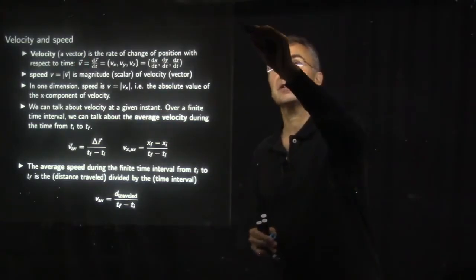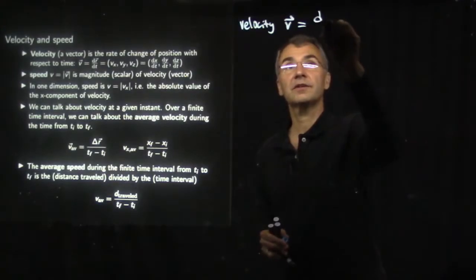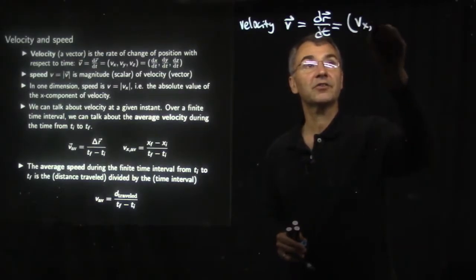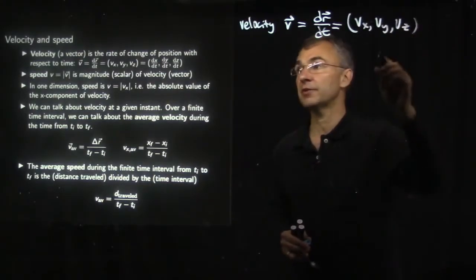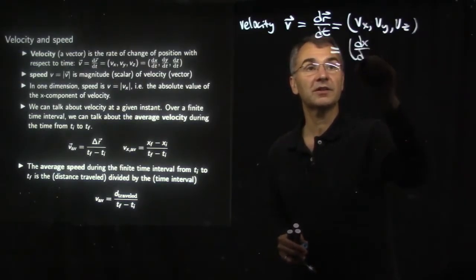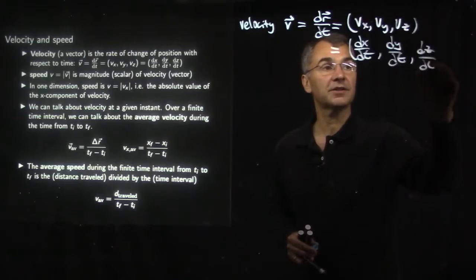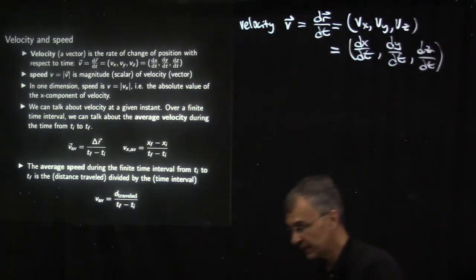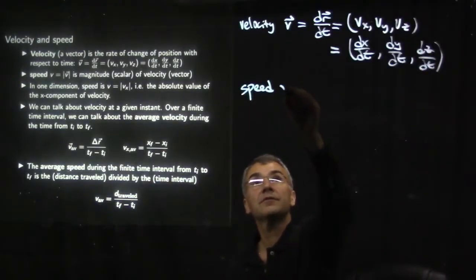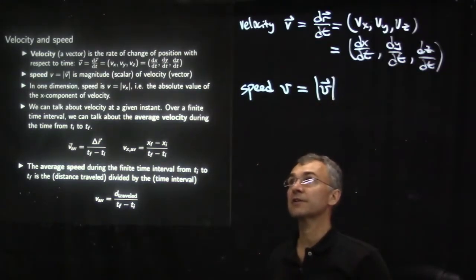So here, velocity, v is dr by dt, which has three components, vx, vy, vz in 3 dimensions. And so then component by component, they equal dx by dt, dy by dt, and dz by dt. Speed v is the magnitude of the velocity vector.